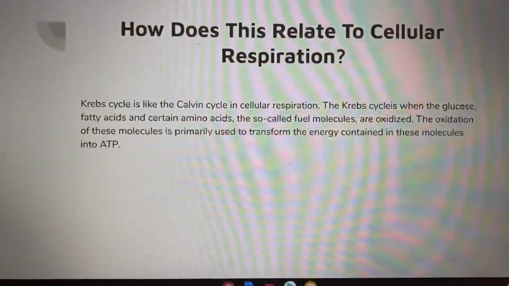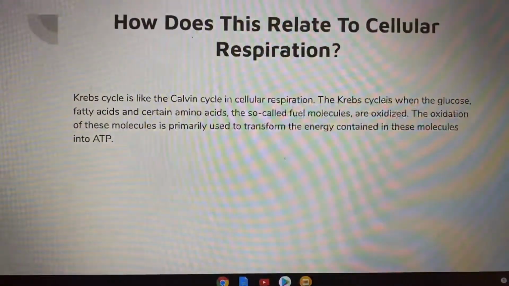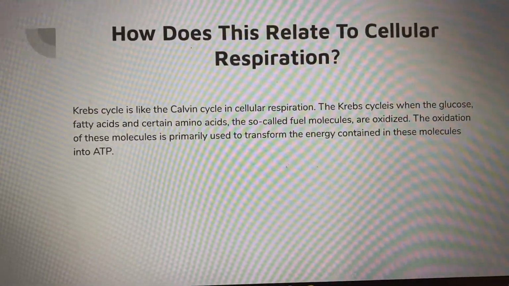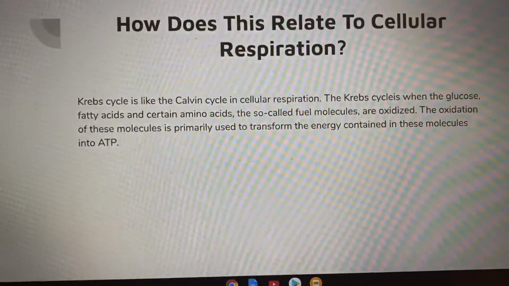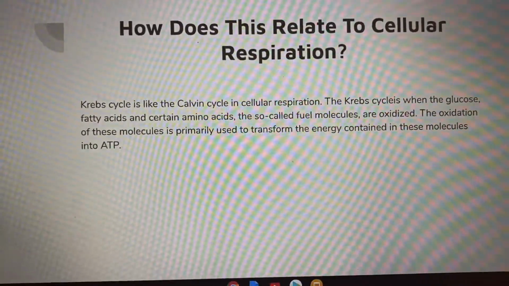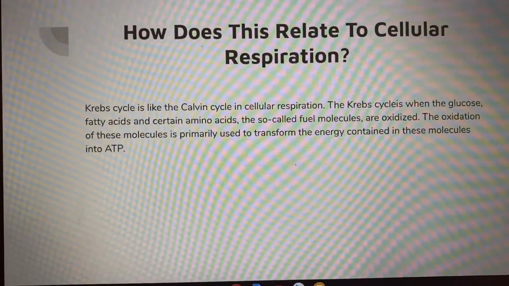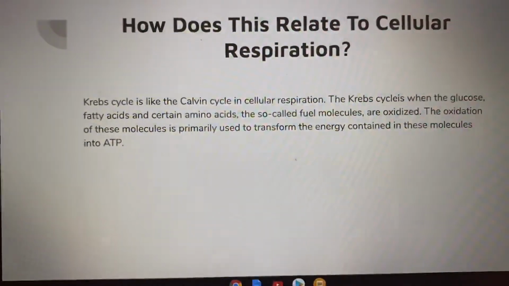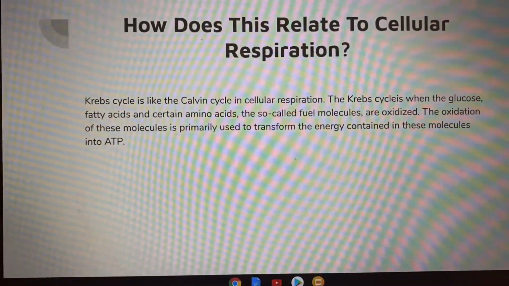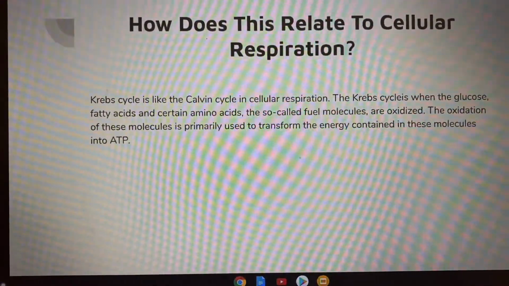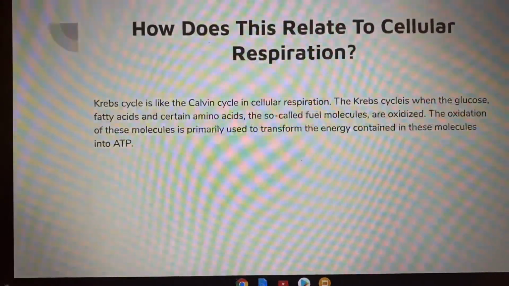How does this relate to cellular respiration? So there's a similar cycle in cellular respiration like the Calvin cycle, which is called the Krebs cycle. The Krebs cycle is when the glucose, fatty acids, and certain amino acids, the so-called fuel molecules, are oxidized.